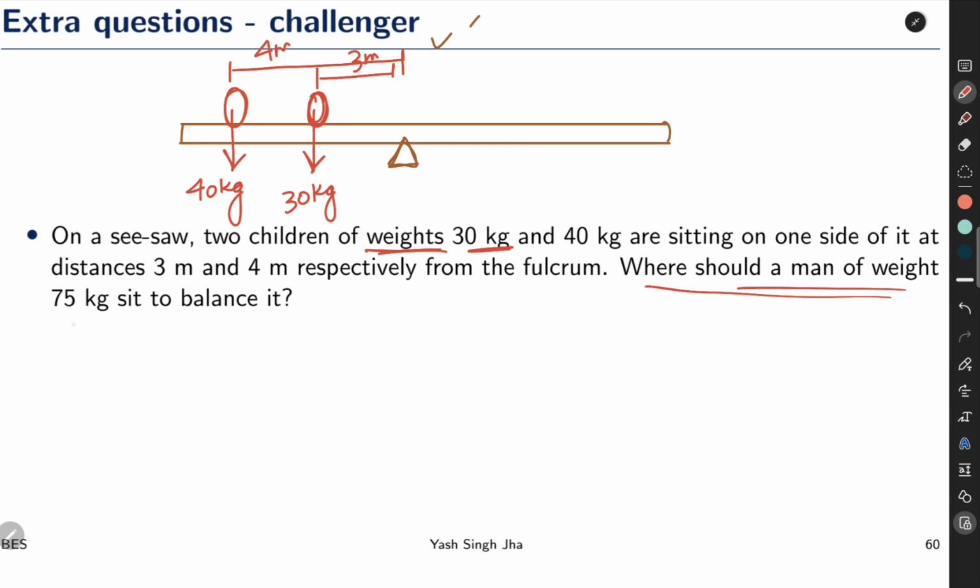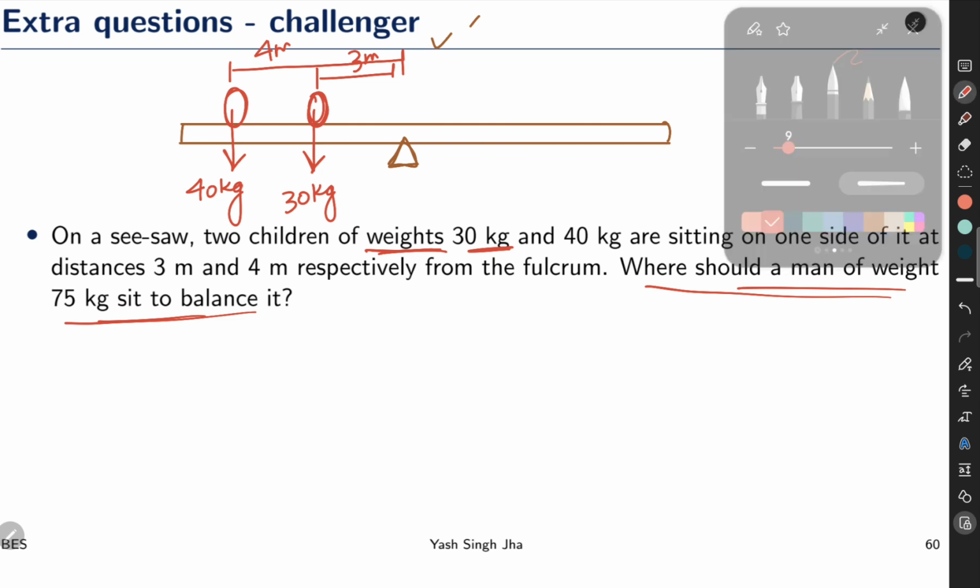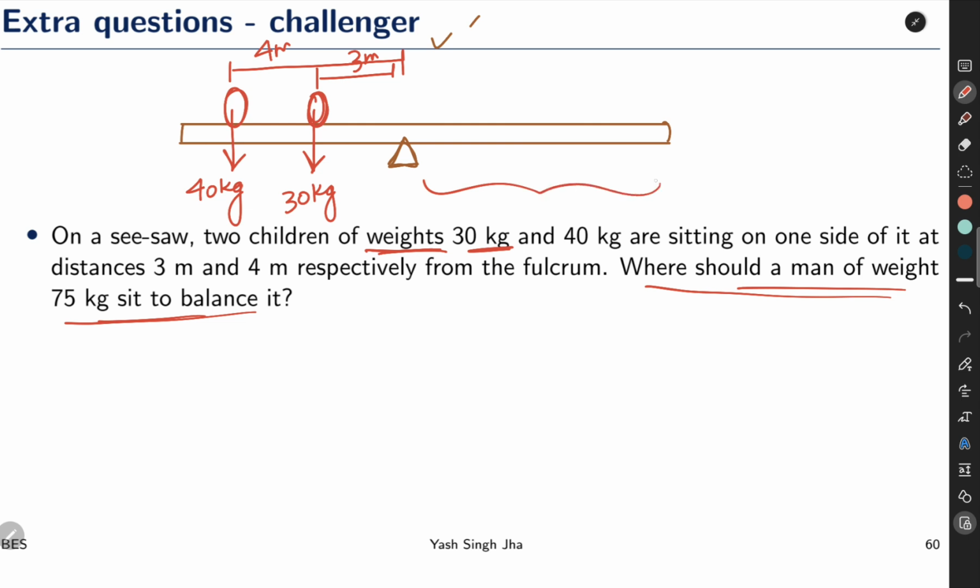Where should a man of weight 75 kg sit to balance it? It is clear that the man has to sit somewhere on this side, because both these boys are producing an anti-clockwise turning effect. So the man will have to sit on the other side of the fulcrum, somewhere here, let's say.